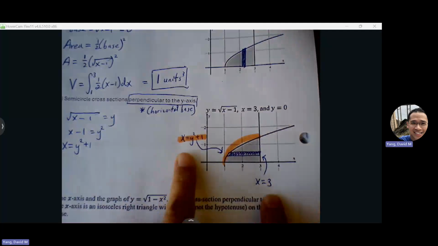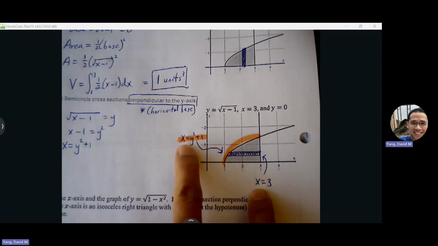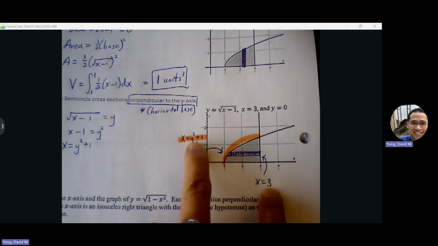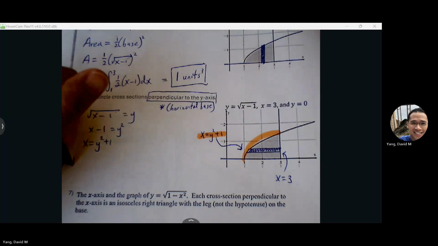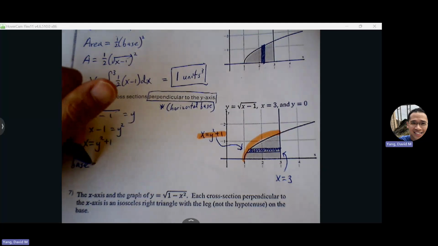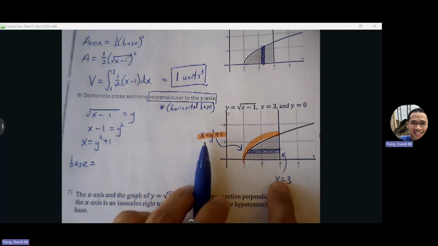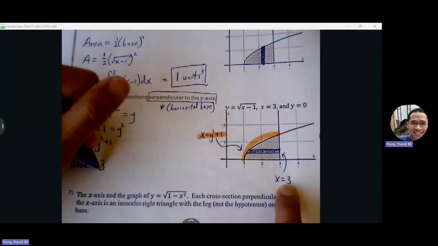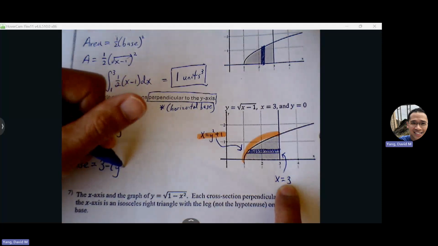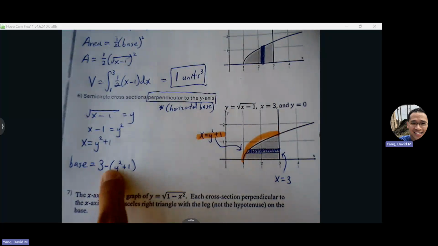Notice that we have equations in the form that we want. They're both in the form of x equals, which means whatever's on the right side is ready to use for our right minus left. So, one dimension at a time. Base length is right minus left. The right endpoint is sitting at 3. The left endpoint is sitting on y squared plus 1. Protect the y squared plus 1 with a set of parentheses so you remind yourself to distribute.